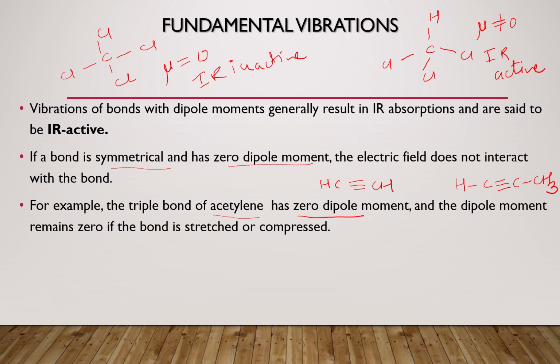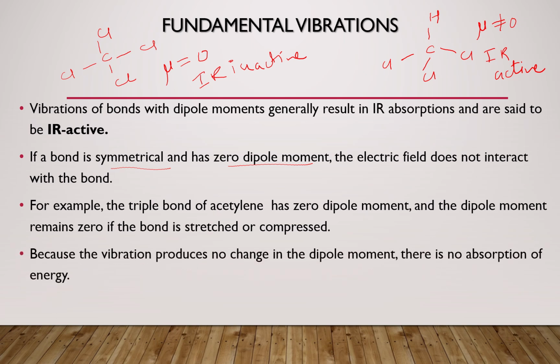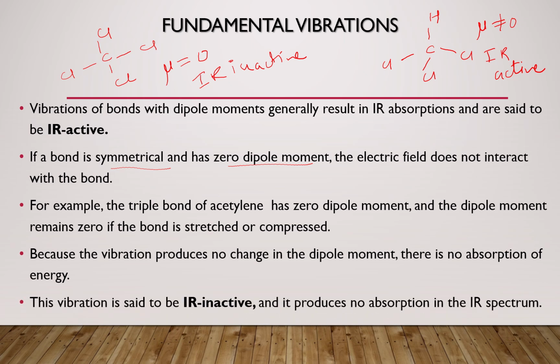In this case there will be a change in the dipole moment, so this will become IR active. I hope you understood which are IR active molecules and which are IR inactive molecules.